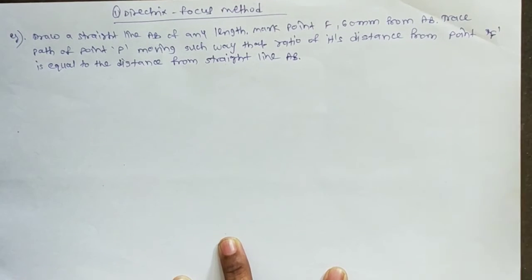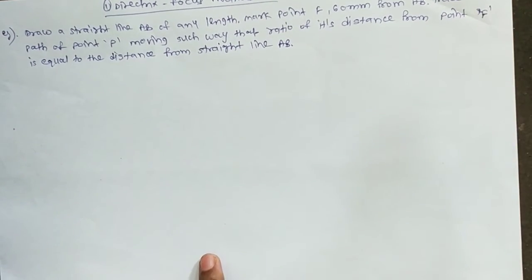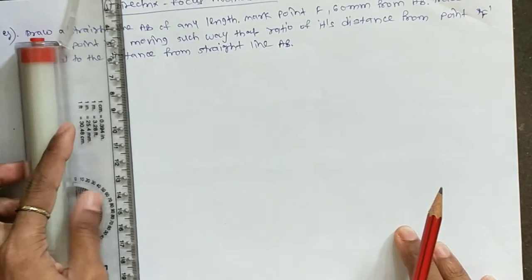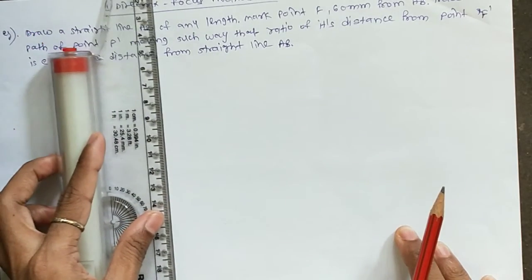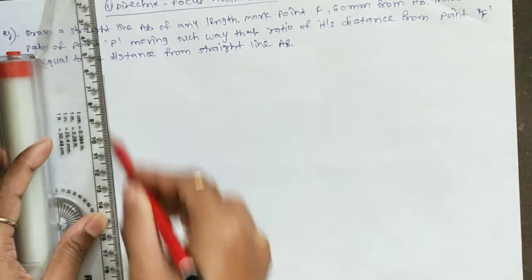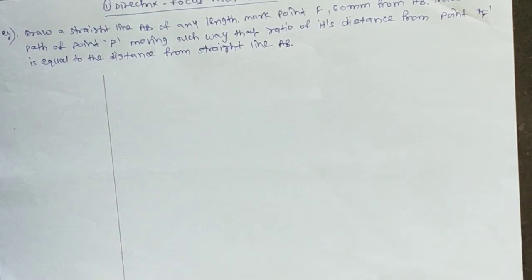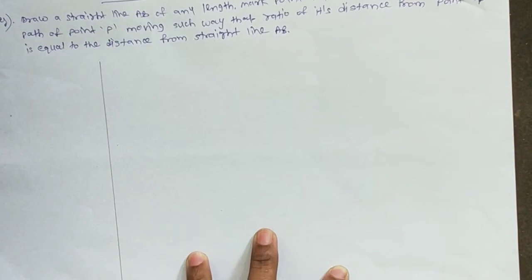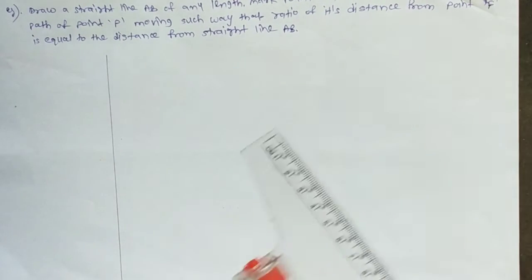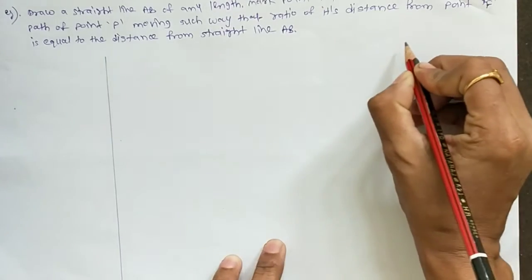So first draw a straight line AB of any length. Then AB is called as directrix of parabola.